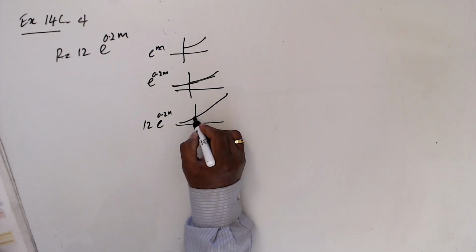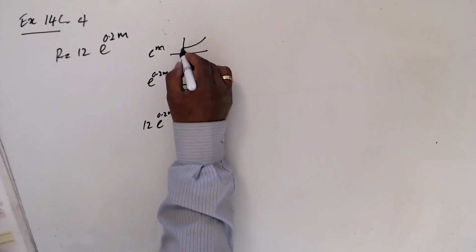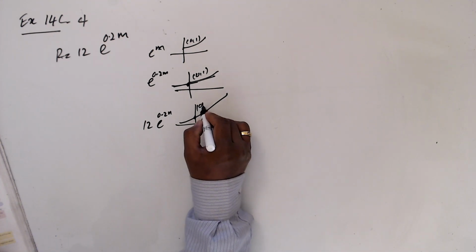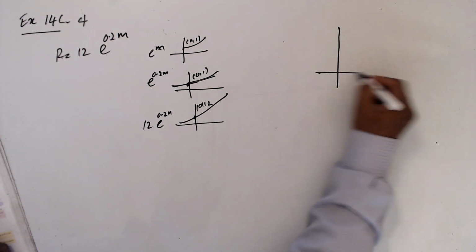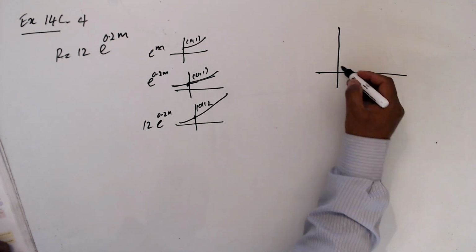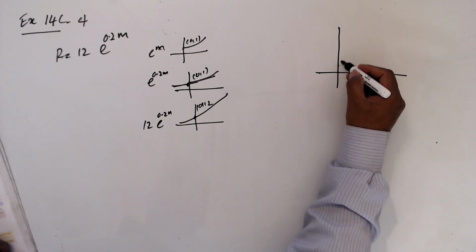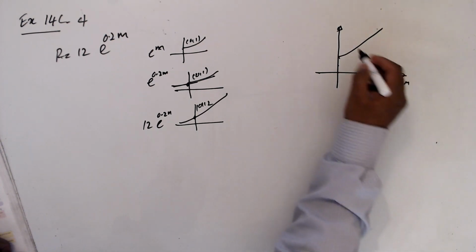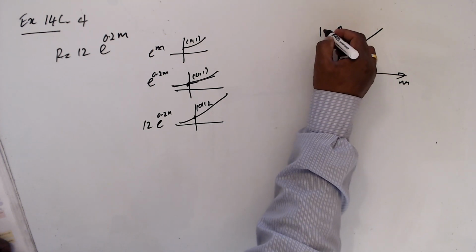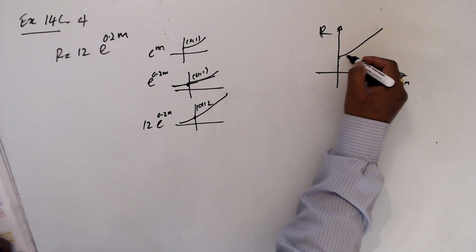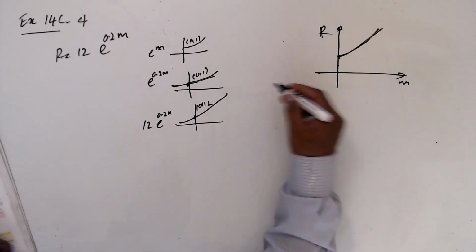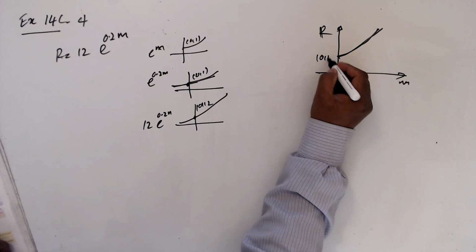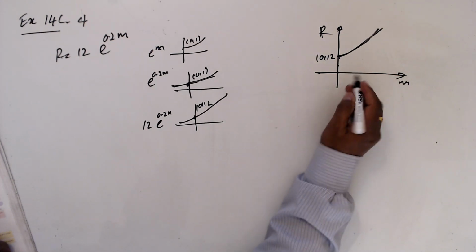It's going to be something like this. Now this is 0, 1. This is also 0, 1. This is 0, 12. So the graph is for months; there are no negative months. This kind of graph. This is month, and this is R, the population, and this is 0, 12 when M equals 0.